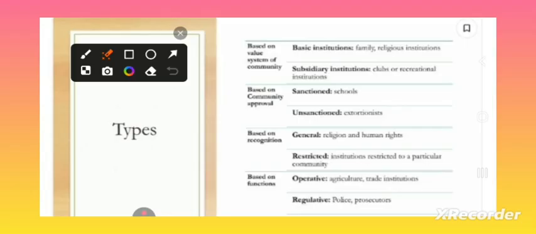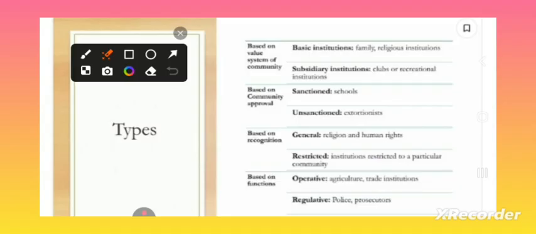Based on recognition: general and restricted. General, such as religion and human rights. Restricted, institutions restricted to a particular community.